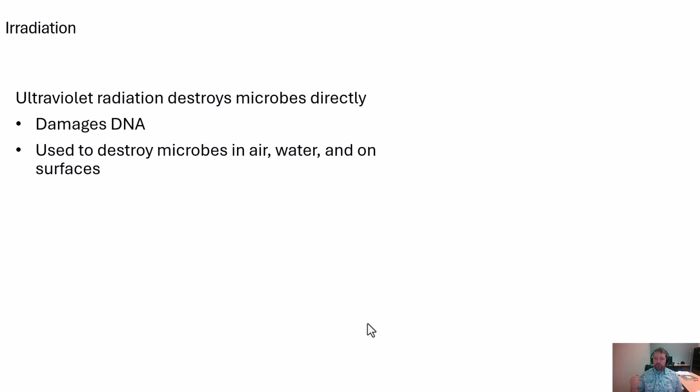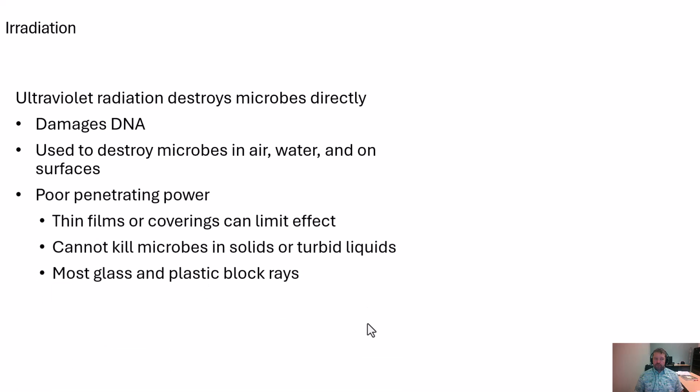It works really well to destroy microorganisms or microbes in non-turbid solutions. And so water is a great one for this. So after the water has been filtered, we talked about filtration before. After it's been filtered, it then can be treated by using UV radiation.